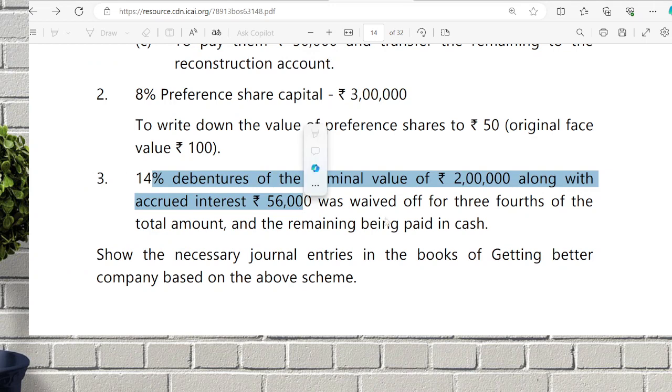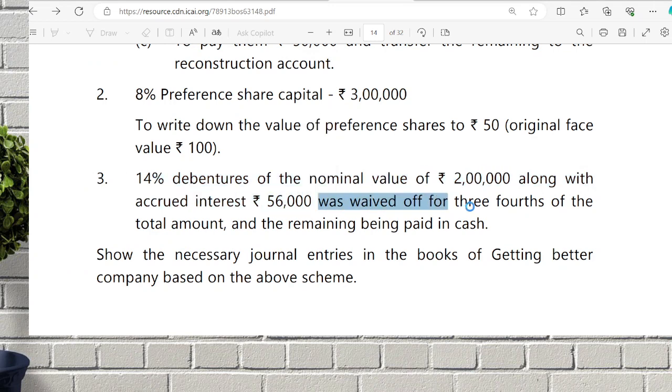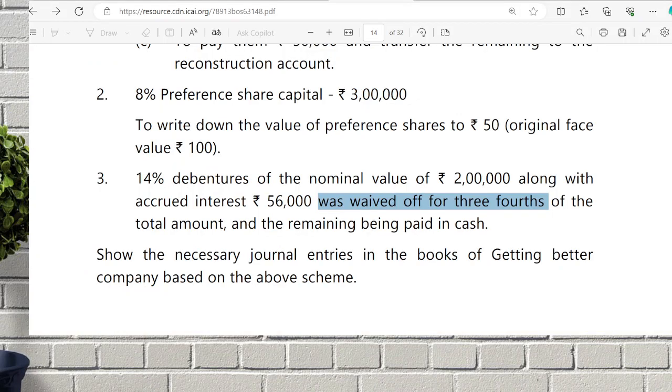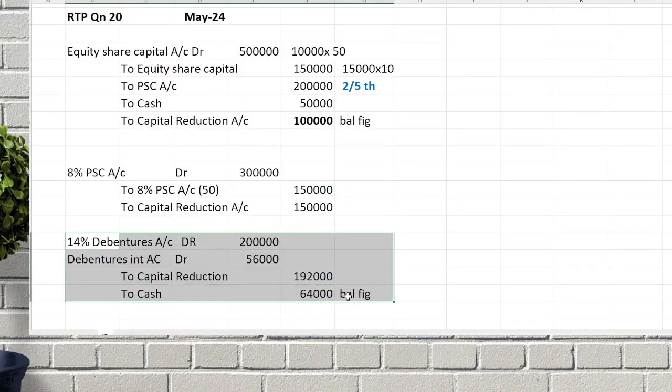Total. It is clearly given: along with accrued interest 56,000 was waived off to the extent of 3/4 of the total amount. What will we give for the balance? Cash. They just ask you to pass which one? Journal entries.